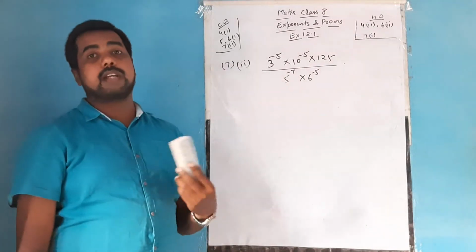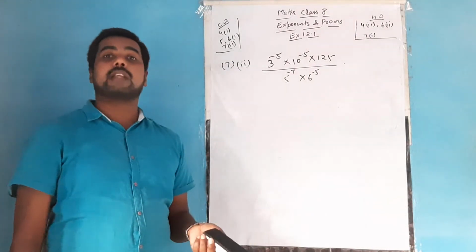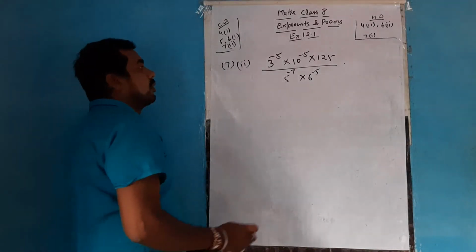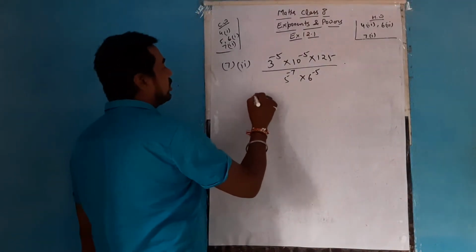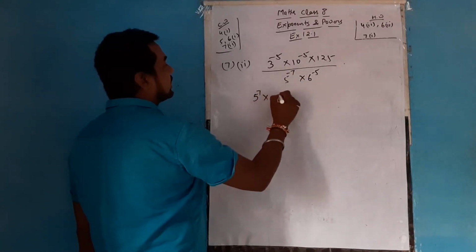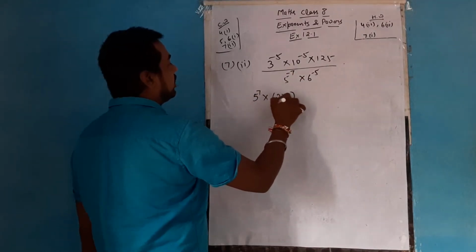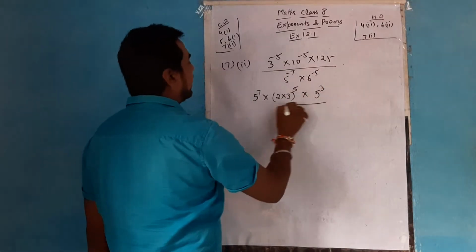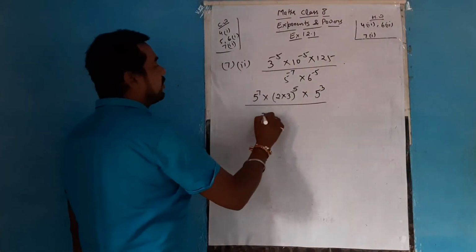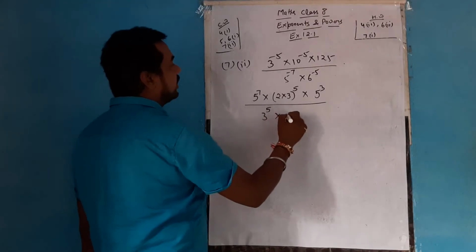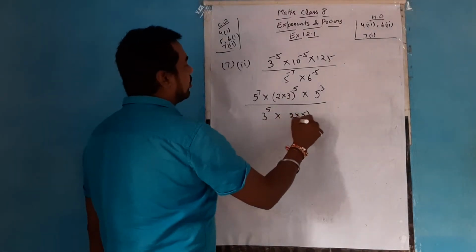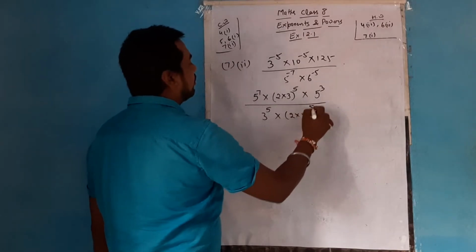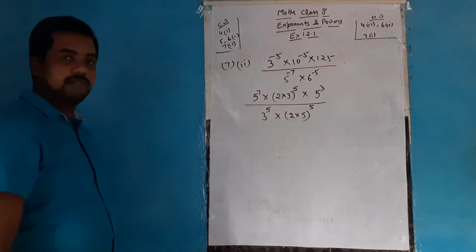And if there is a composite number, we'll try to write it as a product of prime factors. So 5 power 7 goes to the numerator. 6, which is the product of 2 and 3, goes to the numerator. And 125 is 5 cube. 3 power 5 comes to the denominator. 10 is the product of 2 and 5, and the power 5 of 10 remains as it is.